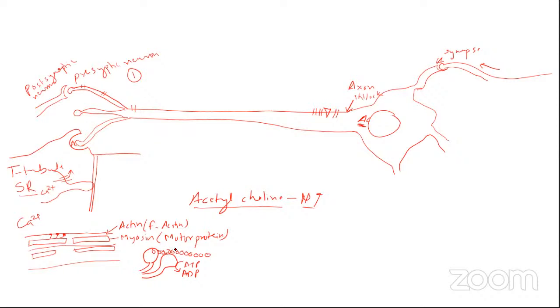And this actin is actually enveloped by another protein called tropomyosin. Have you heard about this? Yes, sir. And tropomyosin is in close contact with troponin. Have you heard about this? Yes, sir.